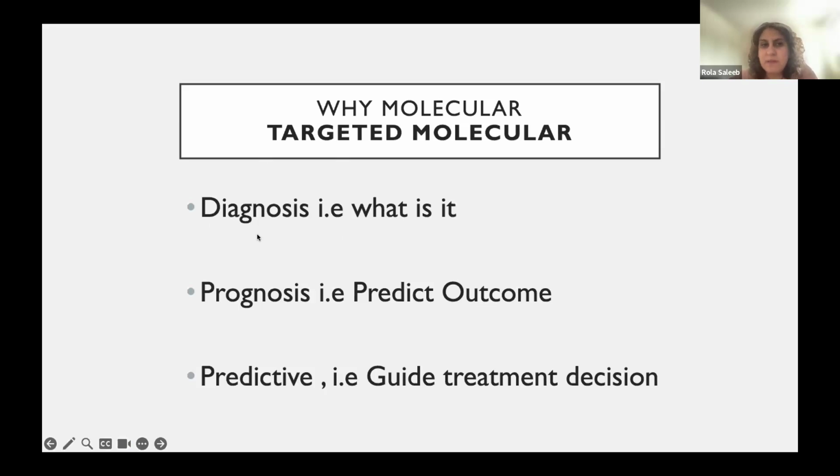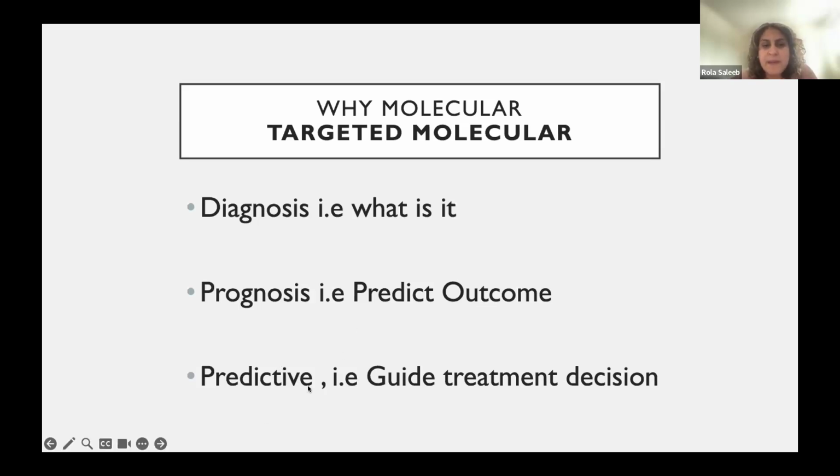And what it helps with, as I had implied, is sometimes the diagnosis. It helps us know what it is. Some cancers we cannot currently diagnose without doing this molecular testing. Sometimes it tells us how a cancer would behave. It can predict outcome, whether it's a more aggressive or less aggressive cancer.